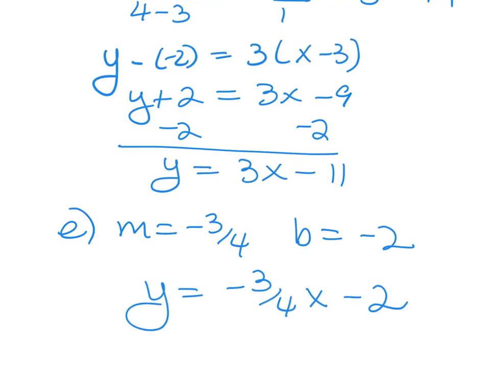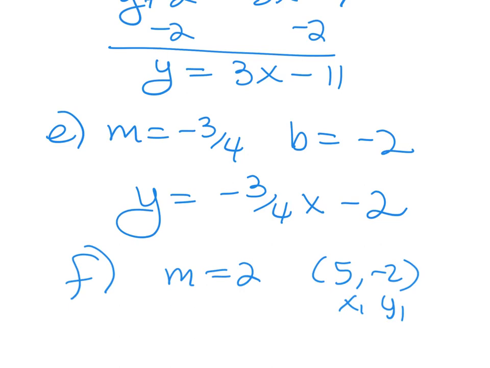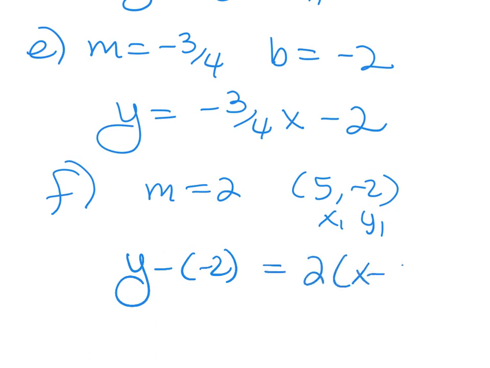And lastly for F, the slope they gave me is 2. My ordered pair is x1, y1. So let me put it into point slope. y minus -2 is equal to 2 times x minus 5.